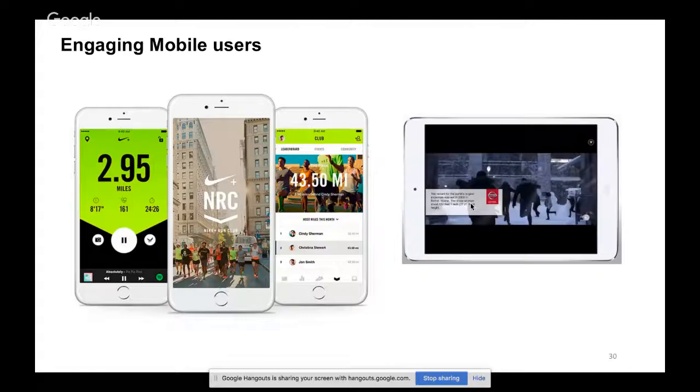Through this way, the users are interacting with the ad, and the engagement rate is improved significantly.